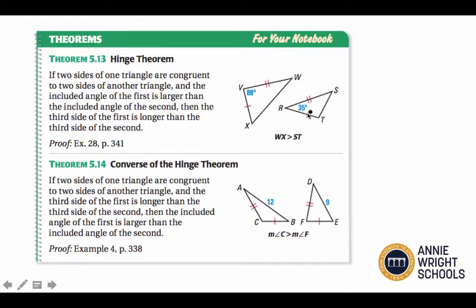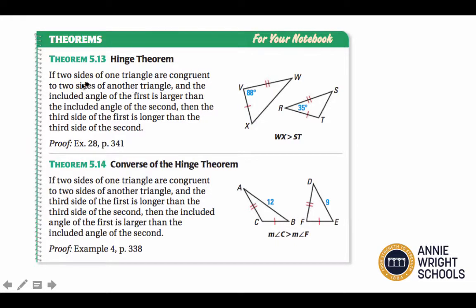And the shorter that distance is open, the less that distance would be. So you can actually imagine the hinge theorem by holding your hand in kind of a V shape and moving your thumb closer to your fingers, moving that V. And if you can imagine that third side of the triangle that's not there, it would be getting shorter.